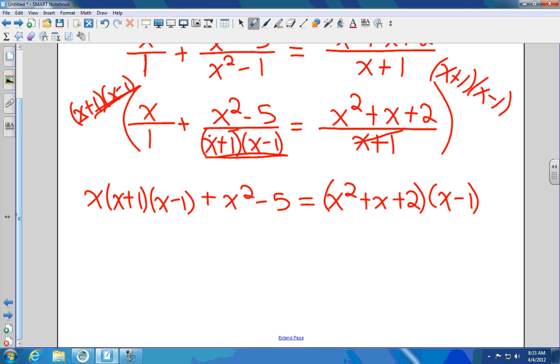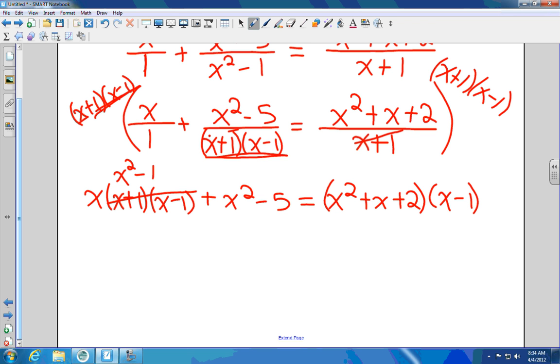So I could write that right above there. If we're going to FOIL that, first x times x would be x squared, and 1 times negative 1 would be minus 1. So I changed that. FOIL it together, wrote it right above, and I just do that. It saves a step.